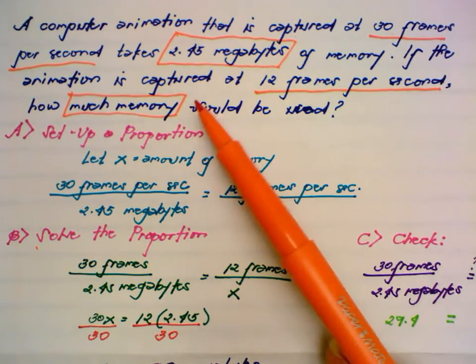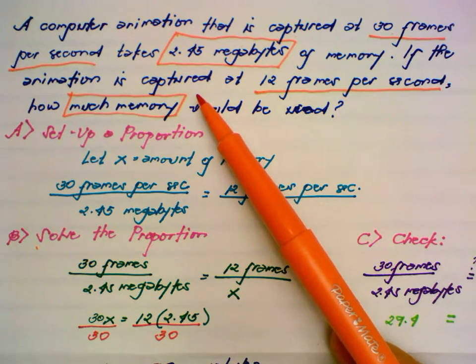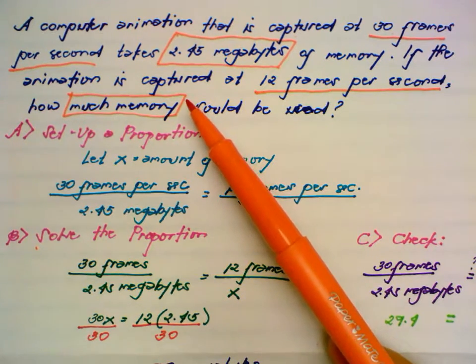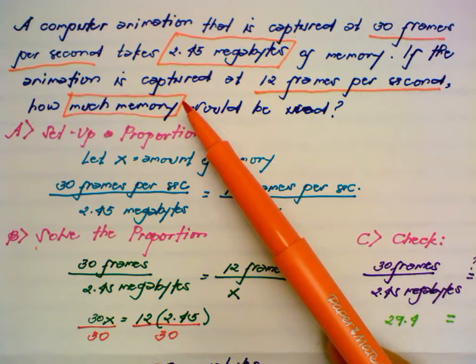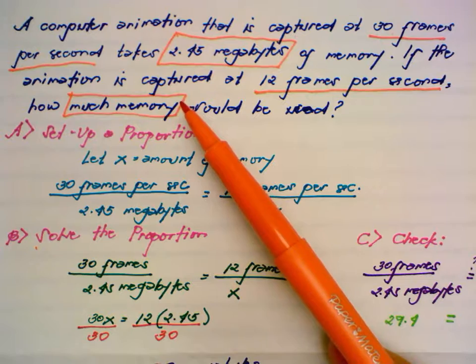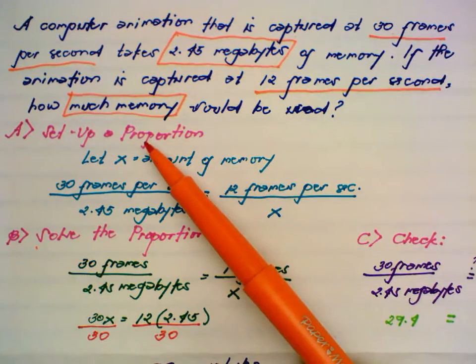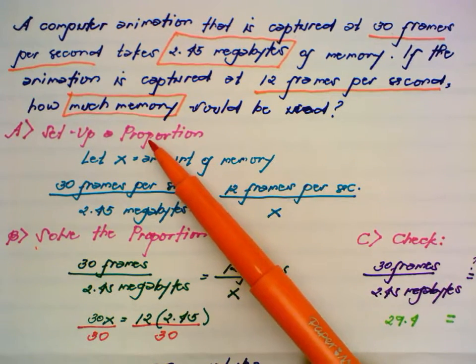This problem is an application of proportion wherein you have to solve for one of the unknowns. One piece is missing and we need to solve for its value. The very first step is to set up our proportion.